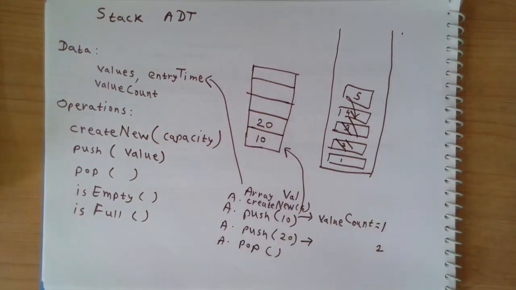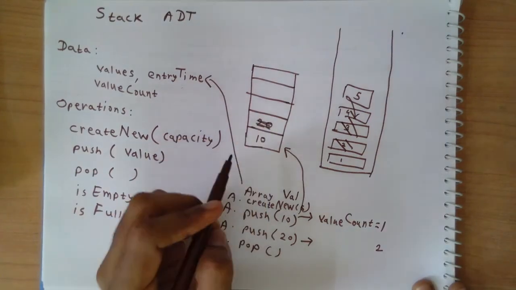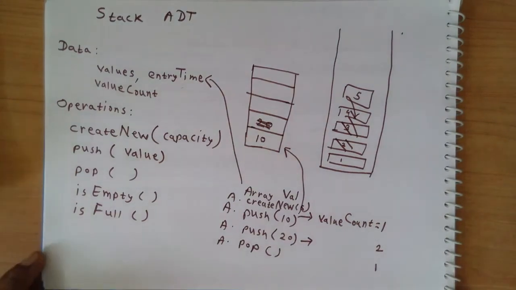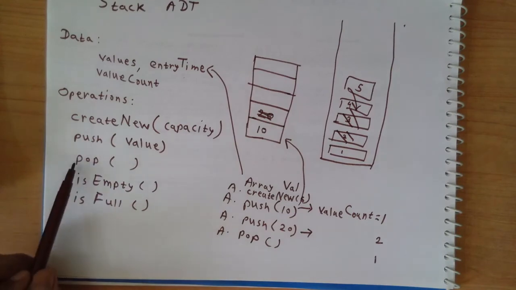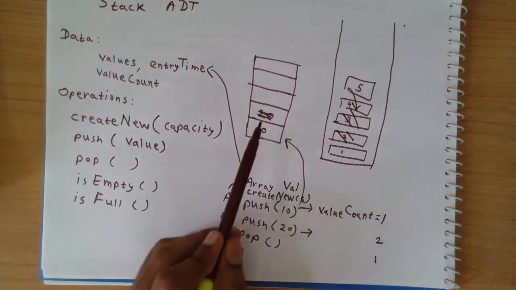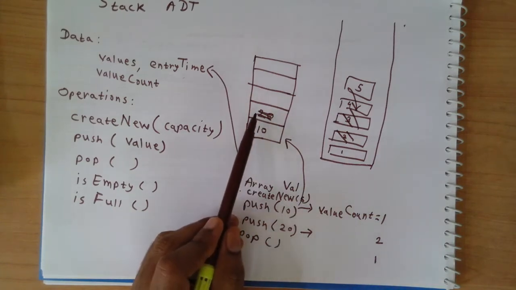So once I do the pop, what is going to happen is this value 20 will be removed and my value count will become 1, because now there is only one element in my stack. Okay, so what is the time complexity of pop operation? With pop, what you do is you reduce the value count by 1, and then you go to the corresponding slot in your array, index in your array, and you return that value.